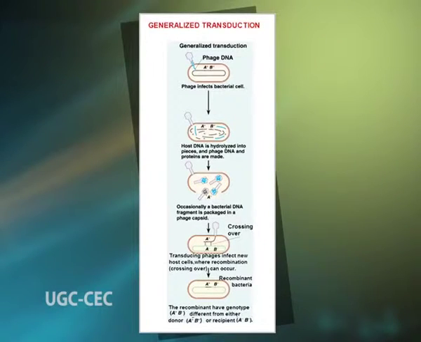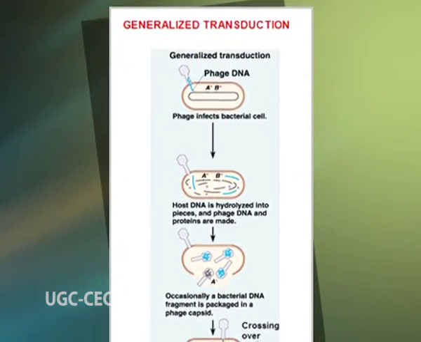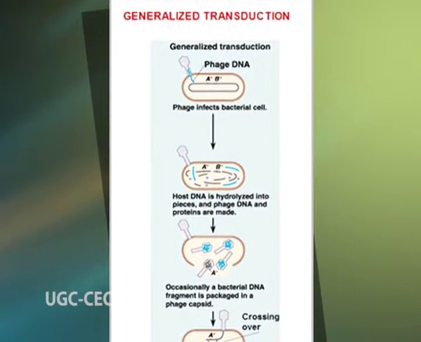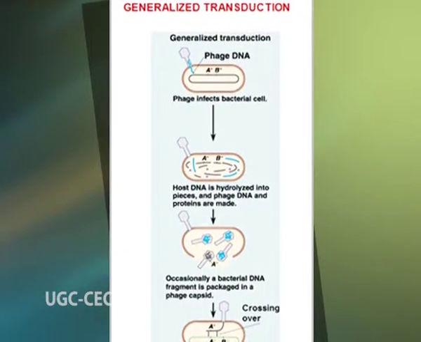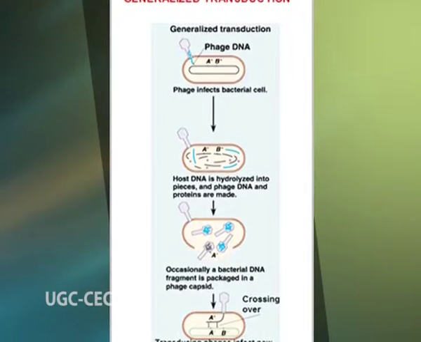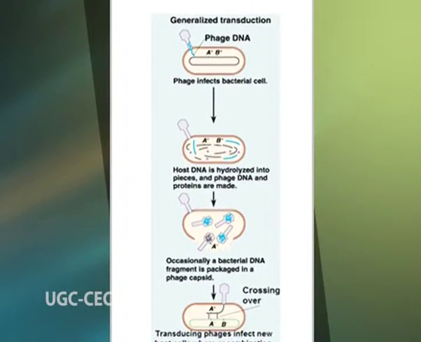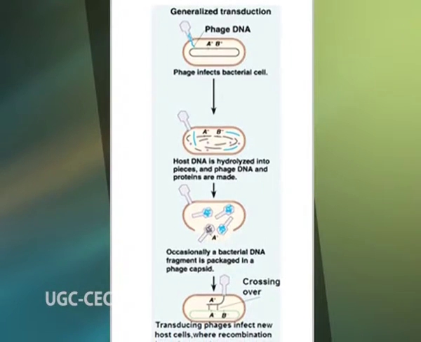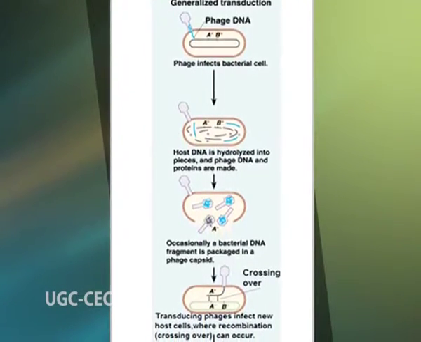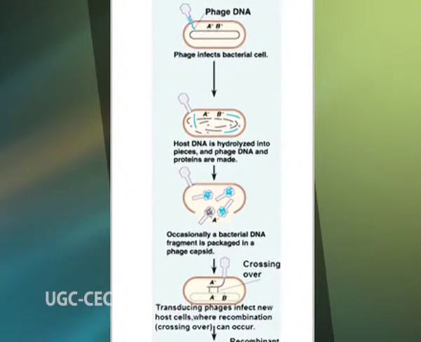Initially, in this figure, you can see the phage infects a bacterial cell. Later, host DNA is hydrolyzed into pieces and phage DNA and proteins are made. Further, a bacterial DNA fragment is packaged in a phage capsid.